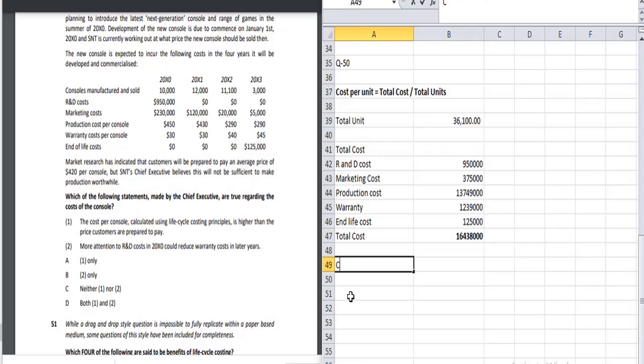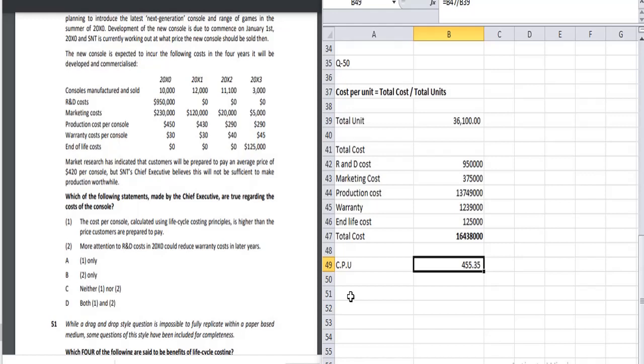Now cost per unit according to the life cycle is, okay, so it's 455.35. Now customer has agreed to pay 420 per console as per the question. It means cost per unit according to the life cycle costing is higher, so first statement is true.